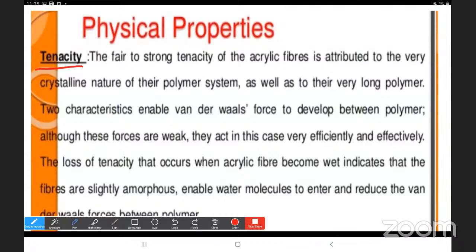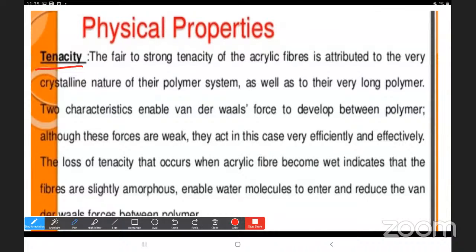Okay, this tenacity of the acrylic fibers is attributed to the very crystalline nature of their polymer system as well as to their very long polymer chains. So two characteristics enable van der Waals force to develop between polymer chains.